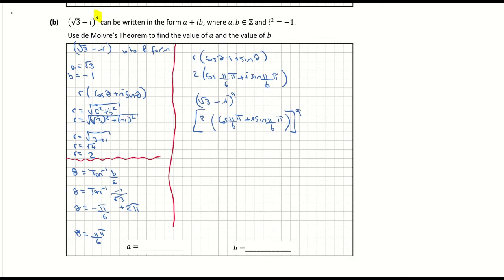Now, if I use my de Moivre's theorem, it simply just tells me to put the 9 to the power of the 2, the r, and then I multiply the angle by 9 as well. So that's then going to be cos, I'll just change the color here so you can see what's happening, 9 times 11 over 6 pi plus i sine 9 times 11 over 6 pi.